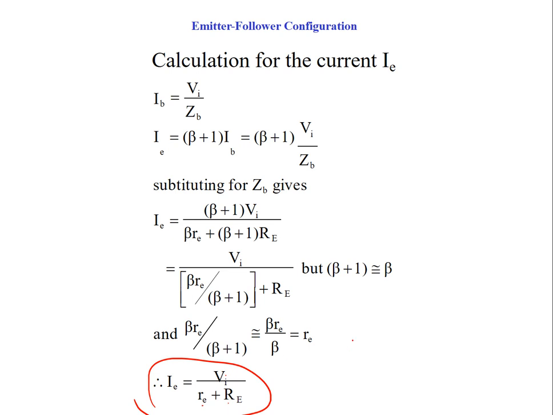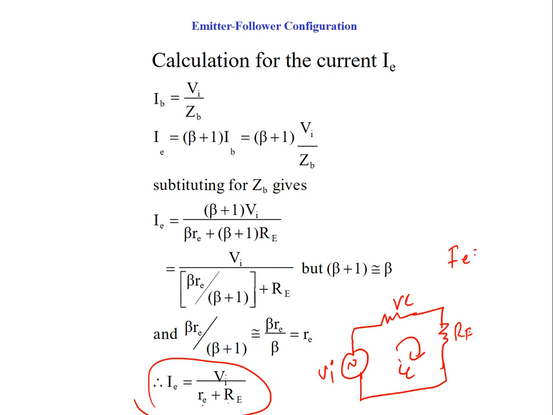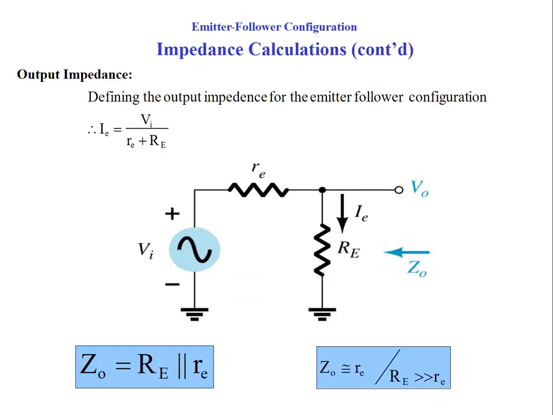This is like we have a voltage source, a resistor RE, and another resistor RE, and this is the flowing emitter current. That will be the input voltage divided by the total resistance. So the circuit model looks like this, or we can draw it like this.